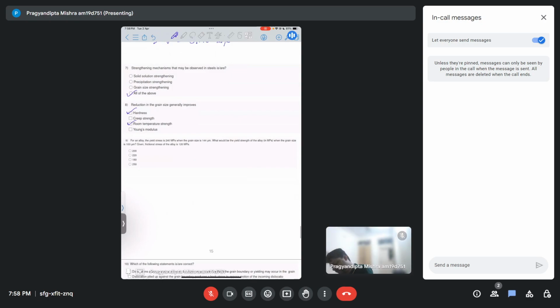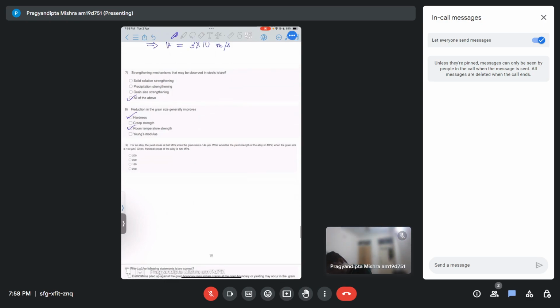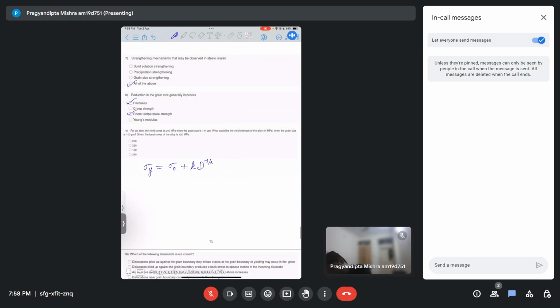So foremost we have to use sigma y is equal to sigma naught plus k times d to the power minus half. That is the general relation, right? Given to us, 240 as the yield, sigma naught is given as 120 plus k times 144 into 10 power minus 6, to the power minus half. k is not given, so k is what we have to find first.